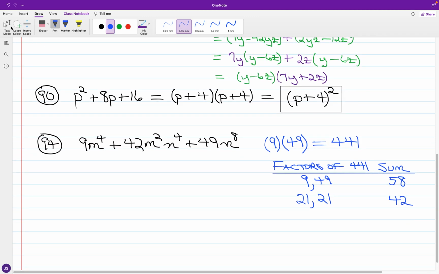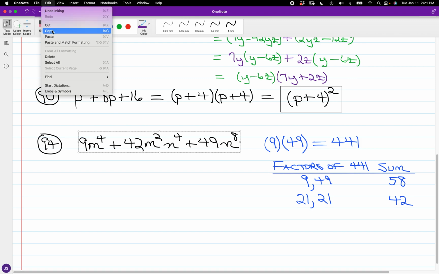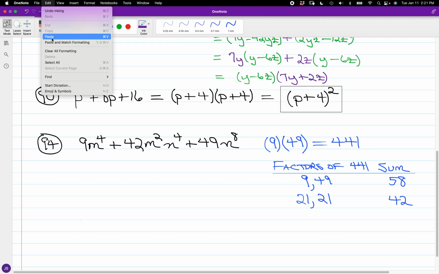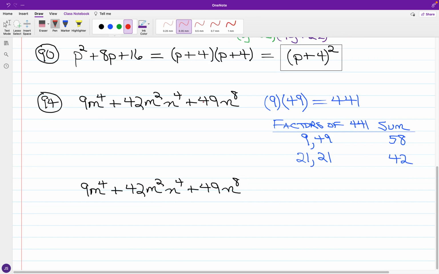And we have with this trinomial, the middle term, m to the second n to the fourth, that we split up into terms with the coefficient 21. And so looking at splitting up, now we have the factoring by grouping setup.